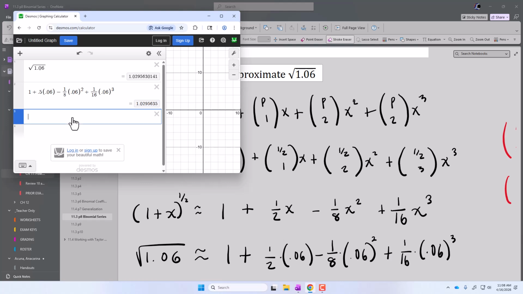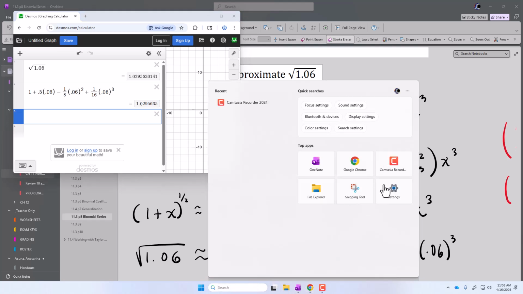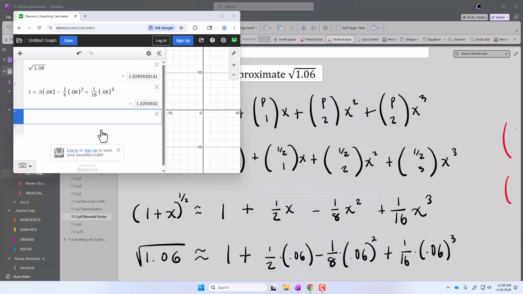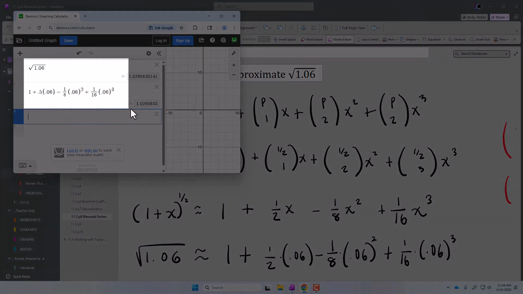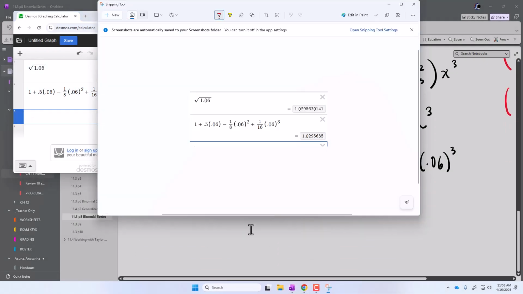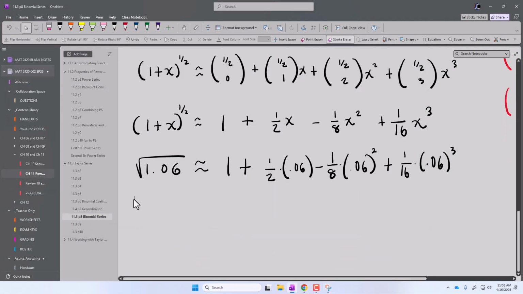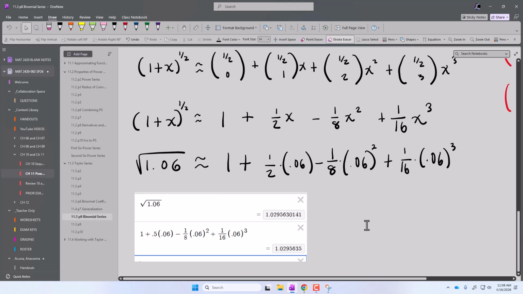Desmos gives us an approximation that's accurate out to that last place there. And how close are we? All right, so how many decimal places is our binomial approximation good to?